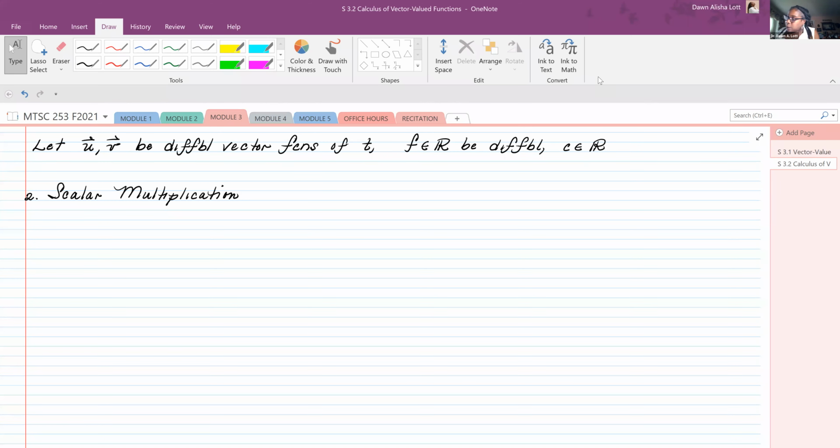So the derivative with respect to t of C times a vector valued function is the same as if I took C and multiplied by the derivative of the vector valued function.